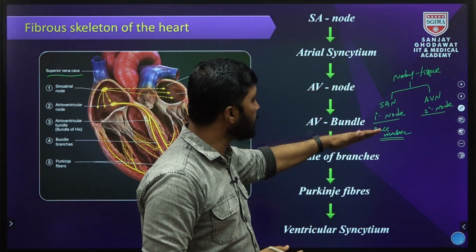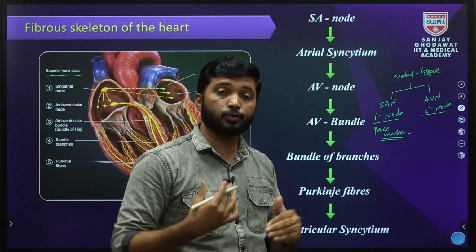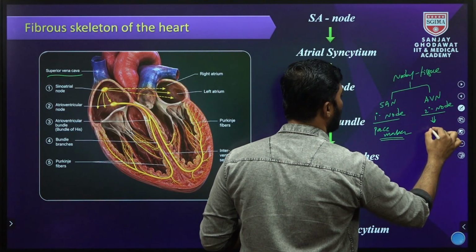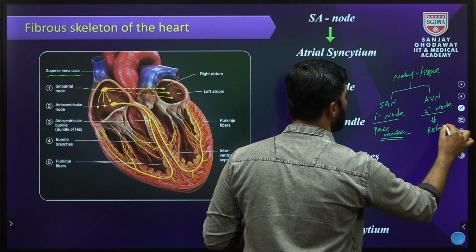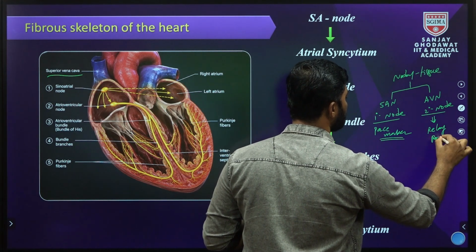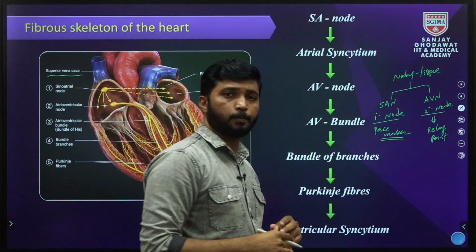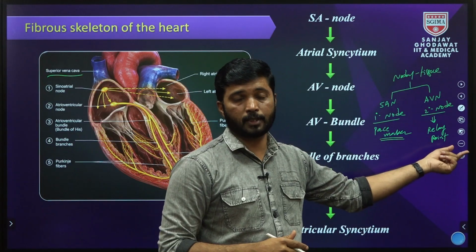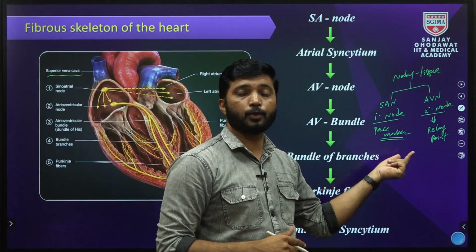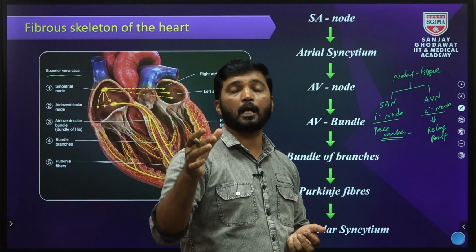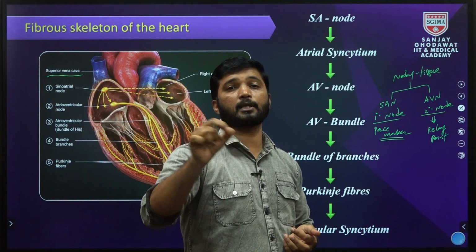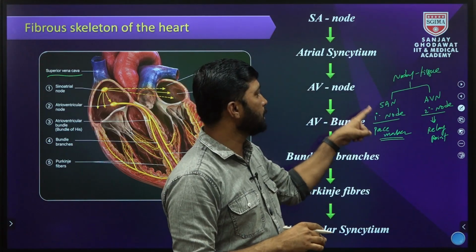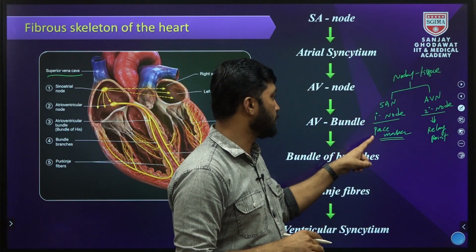The secondary node is also called a relay point. It also generates action potential, but much less than the primary node. If you take the primary node, the average is 70-75 action potentials, and it can develop a maximum of 100. That is the sinoatrial node.